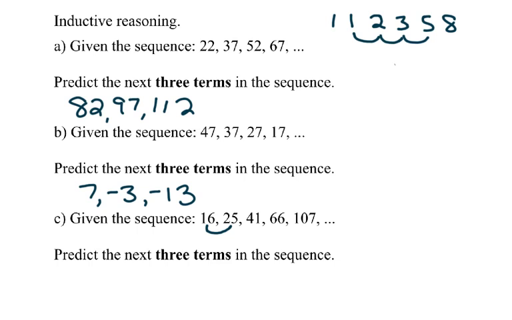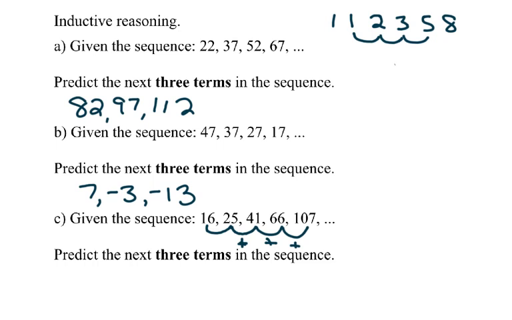16 plus 25 gives us that 41. 25 plus 41 gives us 66. 66 plus 41 gives us that 107. And so the next would be to add 66 plus 107.